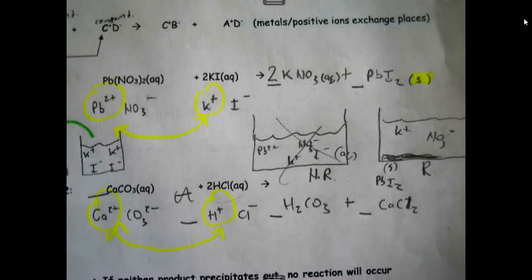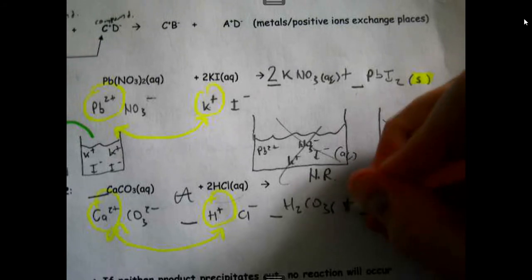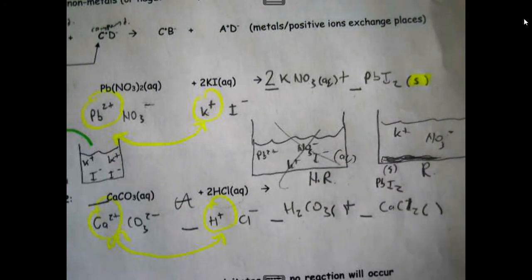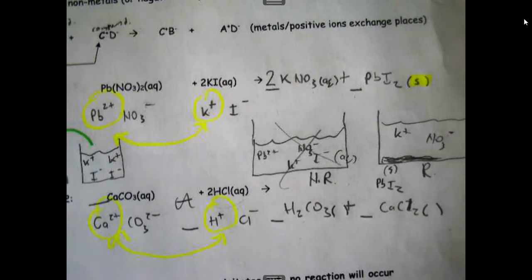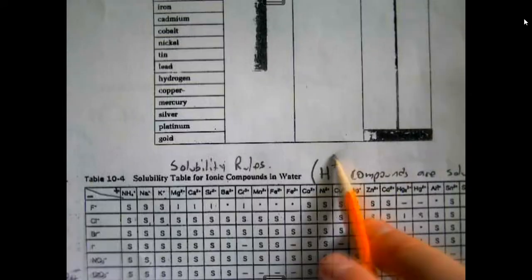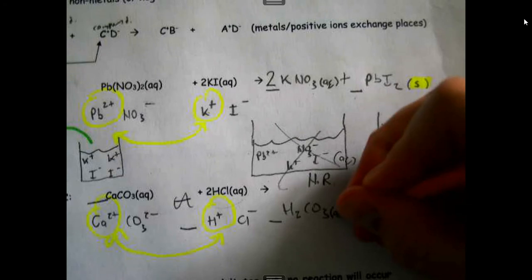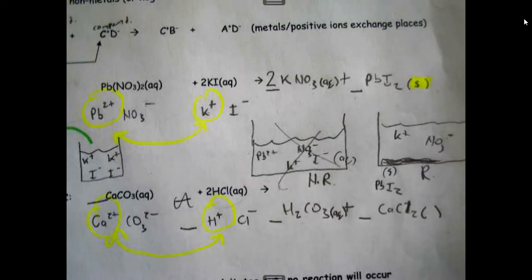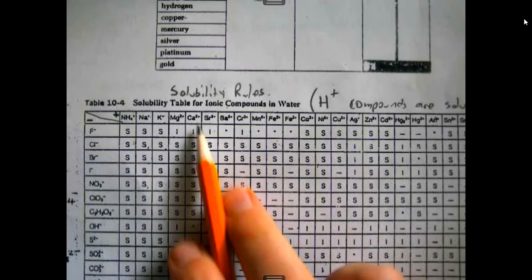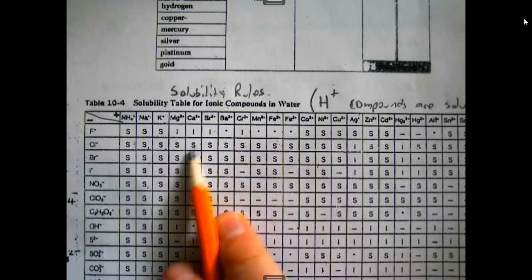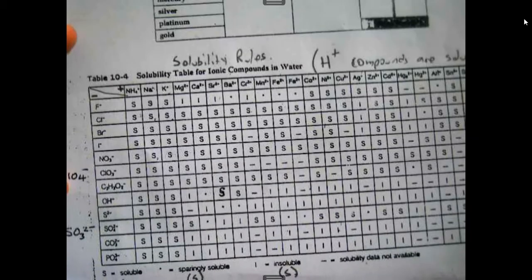Okay, now we're going to decide what state these are going to be in, and we're going to go back to our solubility table for that. Anything with an H was going to be soluble, so this is automatically AQ. And then K and then Cl, you see that it's S, which means it's soluble, so that's also AQ.